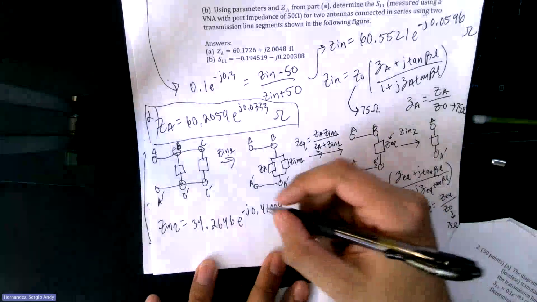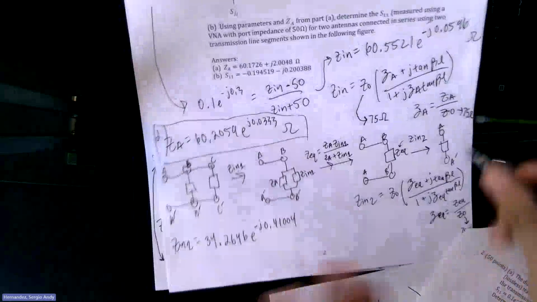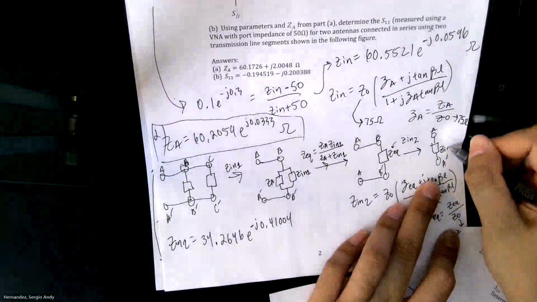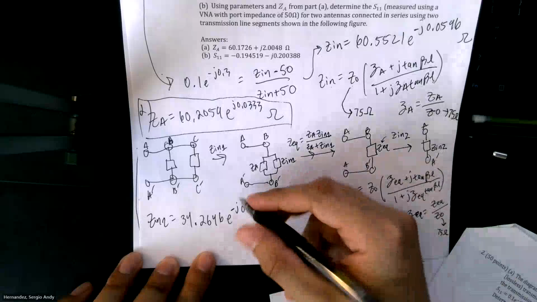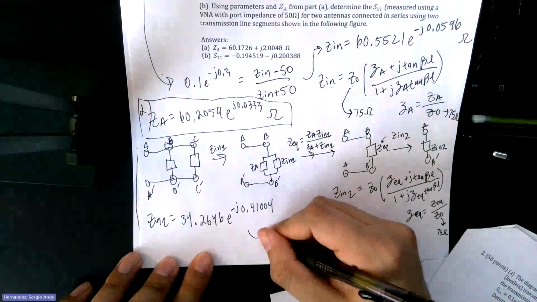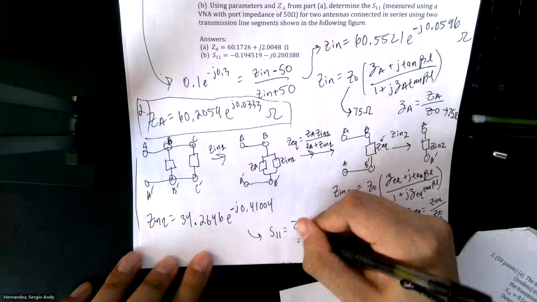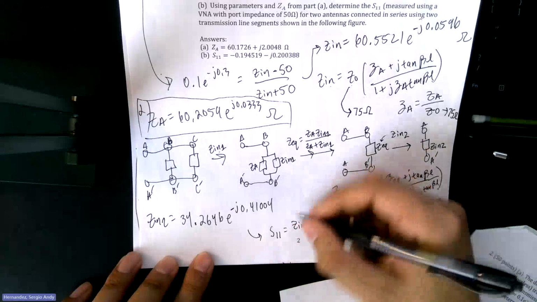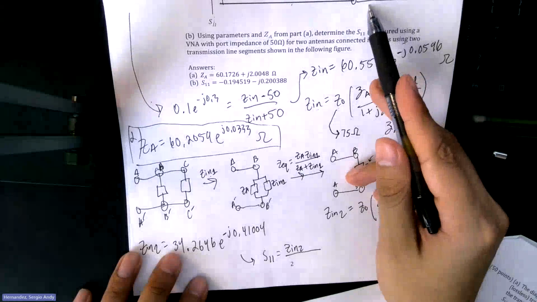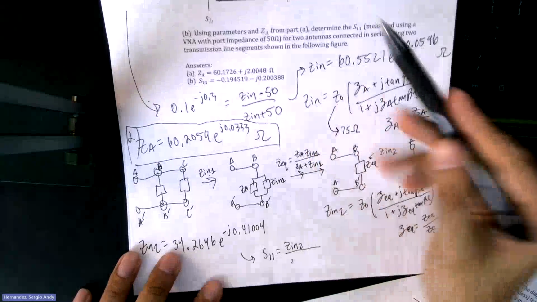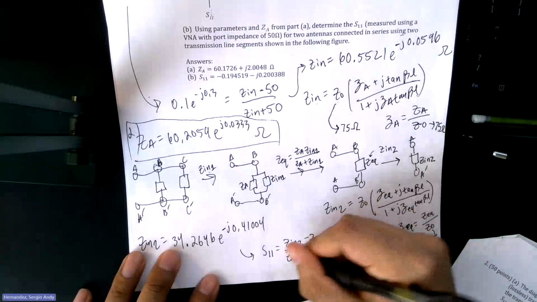So here, now that you shrunk it down into this position, which is your Zn, you plug it into the S11 formula, right? So using the new Zn2 with the duplicated transmission line and antenna, you're able to plug it back into here.